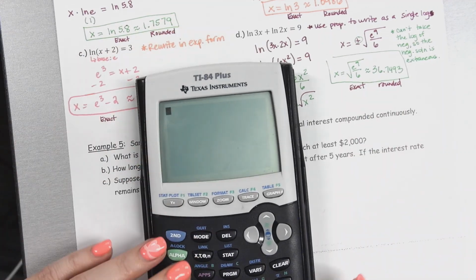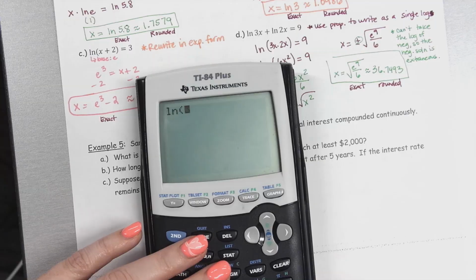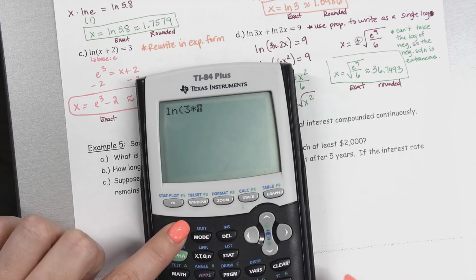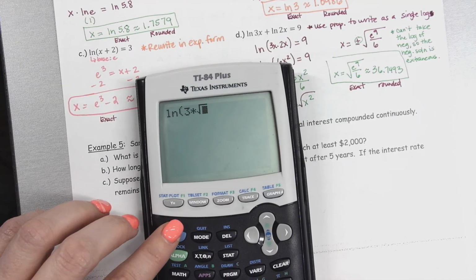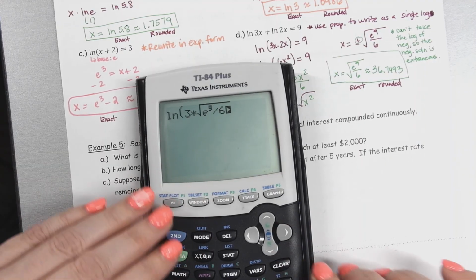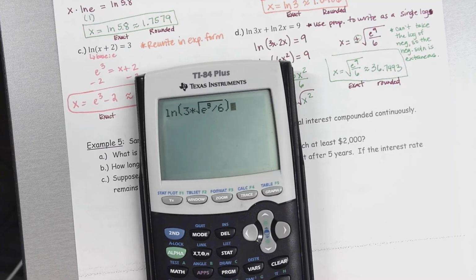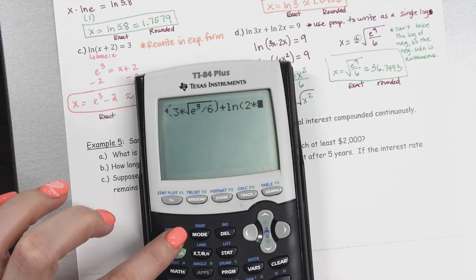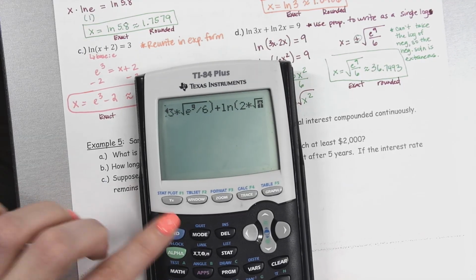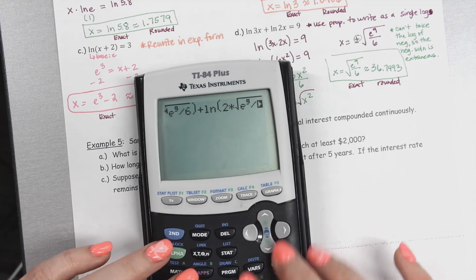So you can do the natural log of, and then this would be 3 times the square root of e to the 9th divided by 6. And then plus the natural log of 2 times, and then in the square root, it would be e to the 9th divided by 6.